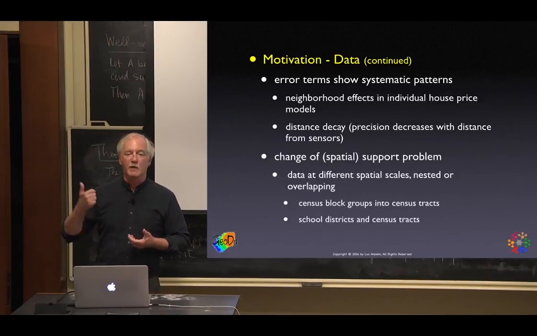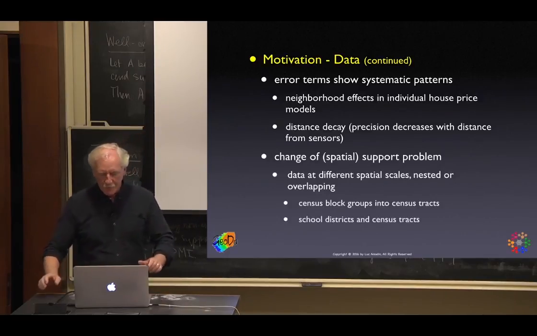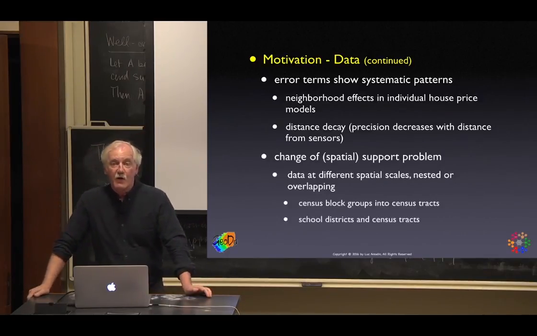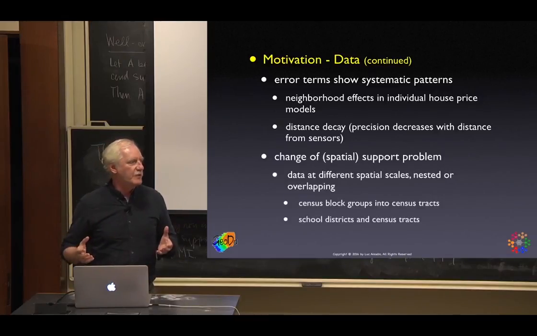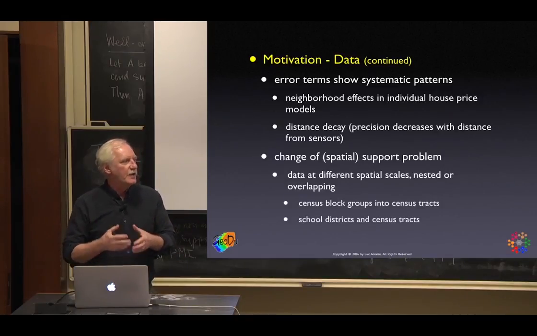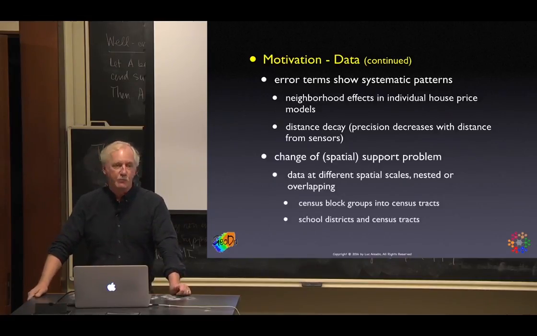How many bedrooms, how many bathrooms, garage, fireplaces, all that stuff, right? Now, one very important aspect of the draw of a particular home is what happens around it. But that's not included in these individual characteristics. So that is another way in which spatial effects come into the picture.